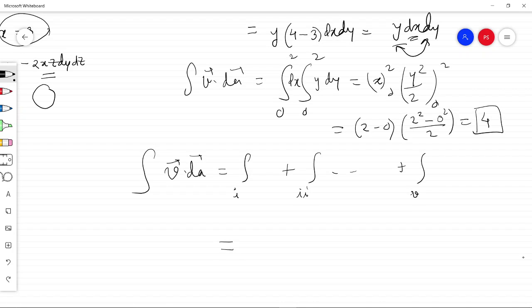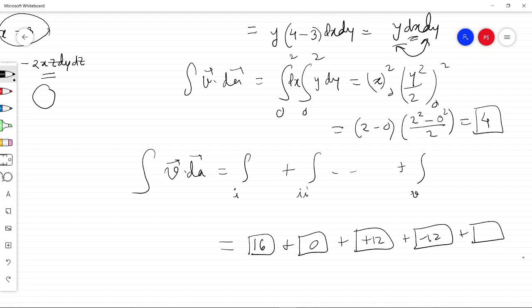The first was 16, the second was 0, the third was plus 12, the fourth one was minus 12, and the fifth one is 4. So these just get cancelled and we are left with the value 20. This is how we solve for the surface integral.